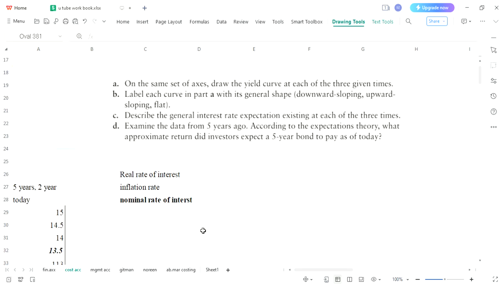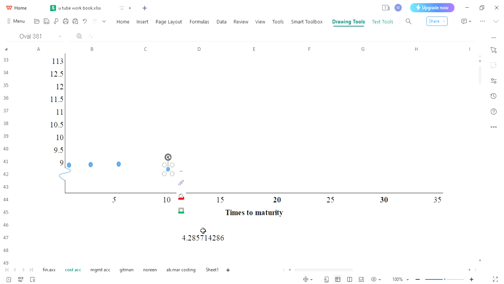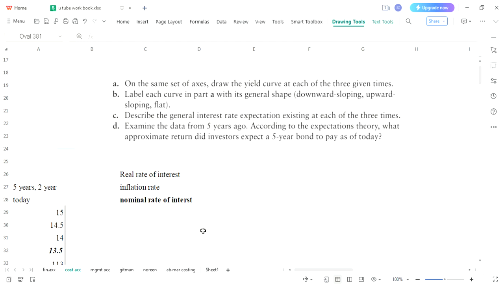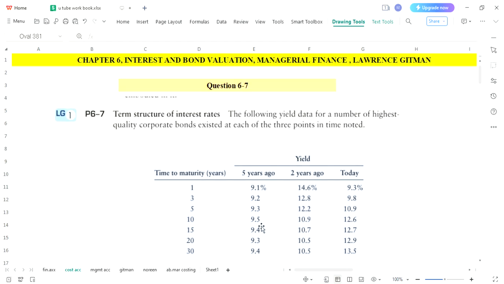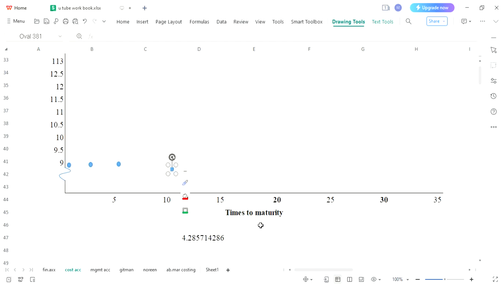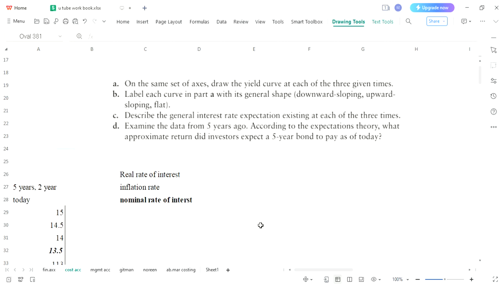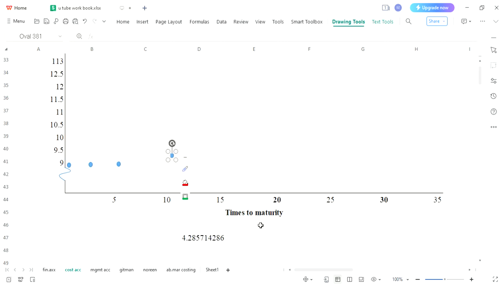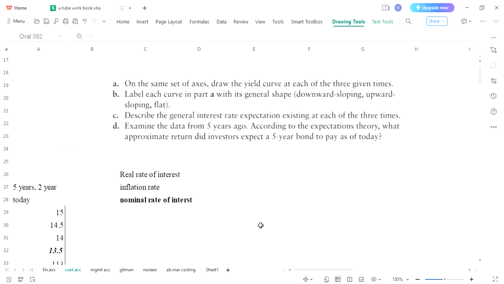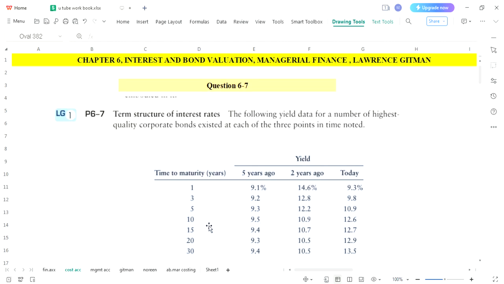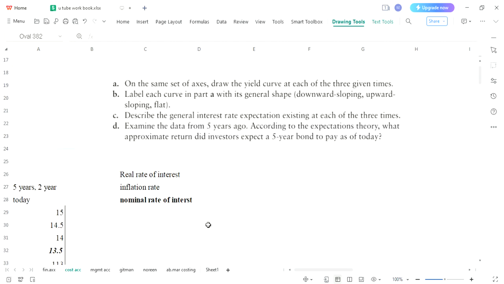10 years. So come over here. This is 10 years and we do have a 9.5 rate. 9.5 would be just like here, and the next point is, 10 years is completed.